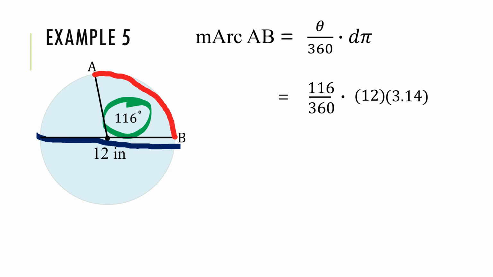So 12 times 3.14, which is the circumference of the circle, is 37.68. So we're going to take the fraction, multiply by 37.68, and we end up with 12.14 inches. So the distance from A to B is 12.14 inches.